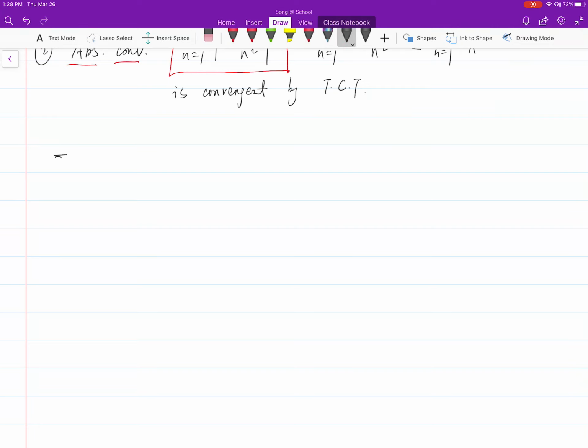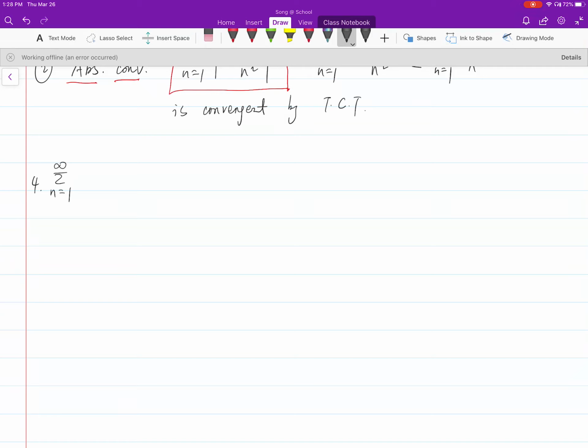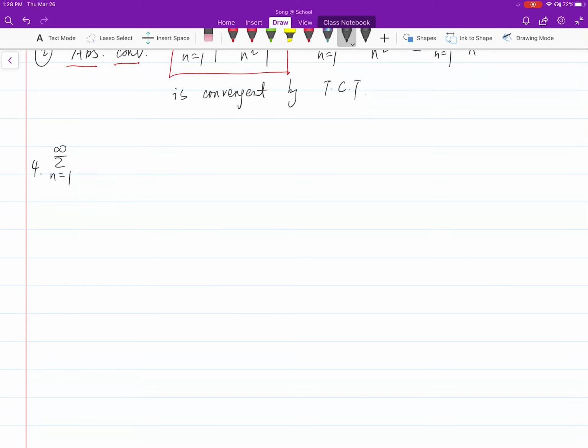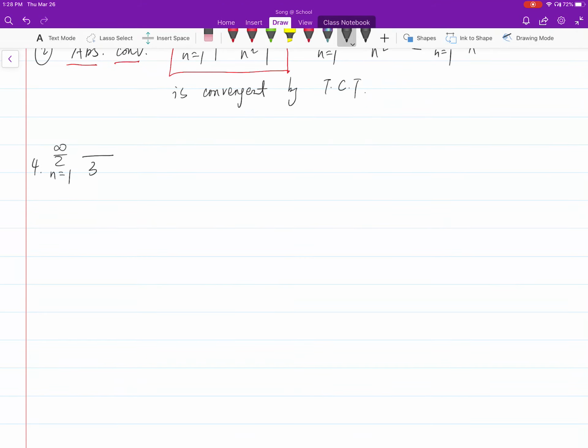Number 4. Let's check this one first. The limit as n goes to infinity of (n squared plus 1) over 3 to the n. What do you have?